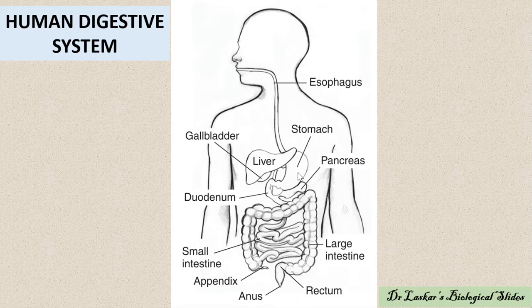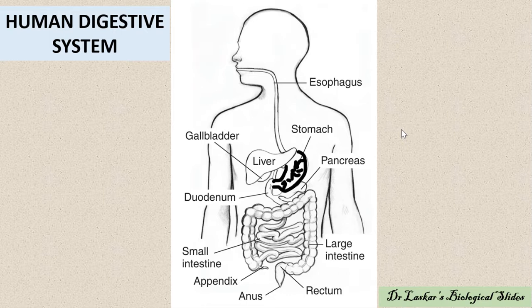Now the main function of this stomach: it stores food until it is partially digested. It secretes gastric juices from its inner lining, and that gastric juice contains different types of enzymes, gastric amylase and gastric lipase.